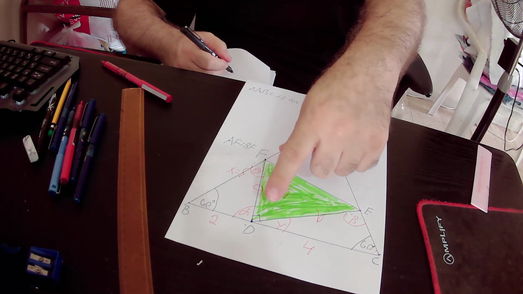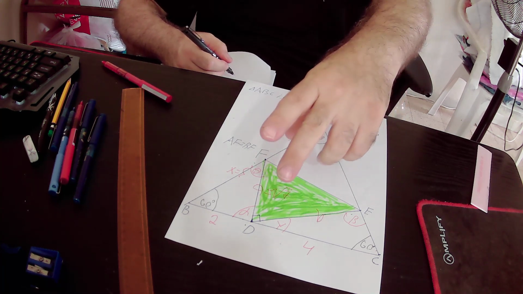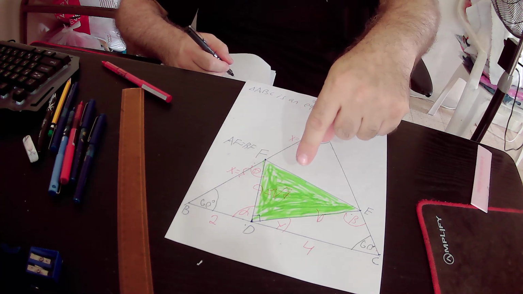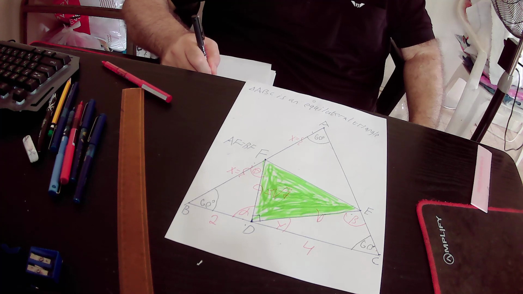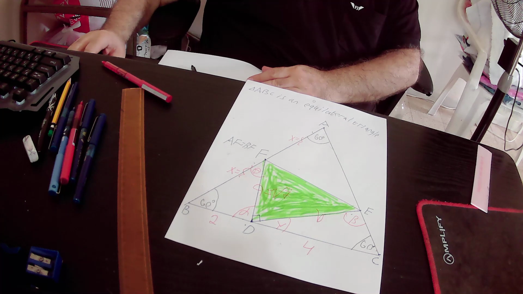FD equals A equals root 7 units. We have already found out that the value of FD, which equals A, is root of 7 units. So I write that FD equals root of 7 units over sinus 60 degrees.